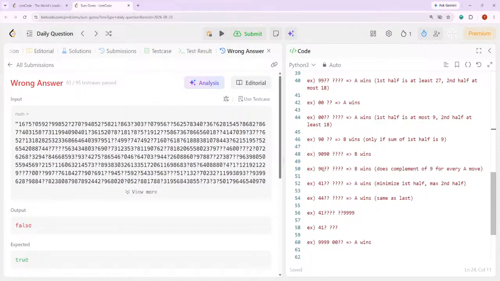So it's not a multiple of 9. So the number of multiples of 9 must correspond to like the number of pairs of question marks on the other side.